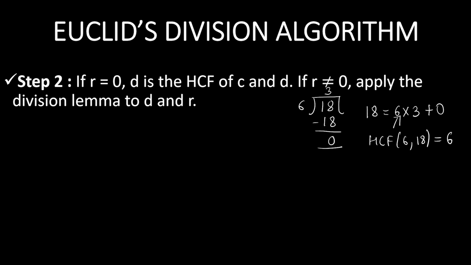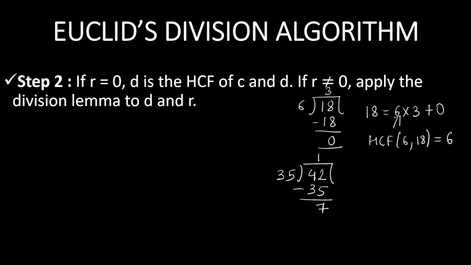Now what happens if the remainder is not equal to 0? Let's take another example. 42 and 35. Now here if you observe, you are going to get 35 into 1, 35 here, and the remainder you are going to get as 7.